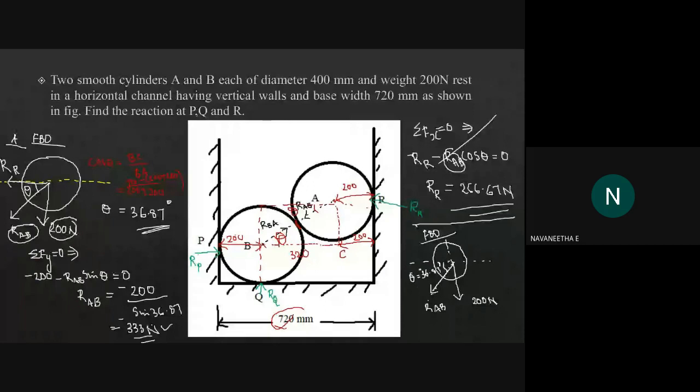Okay. And also you'll need to consider two reactional forces, one acting upward direction and one acting right hand direction. The upward direction force is RQ. So you can draw like this, that is RQ. Upward direction, right?